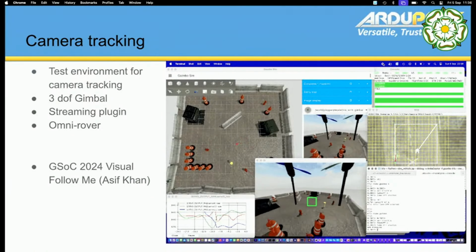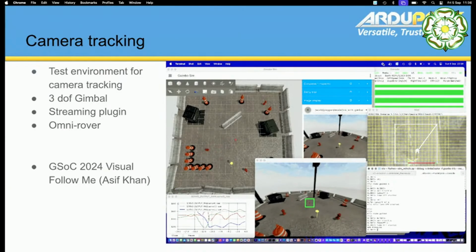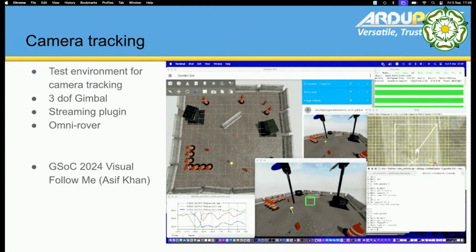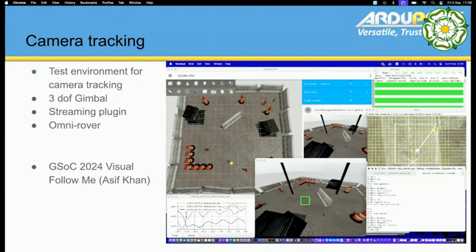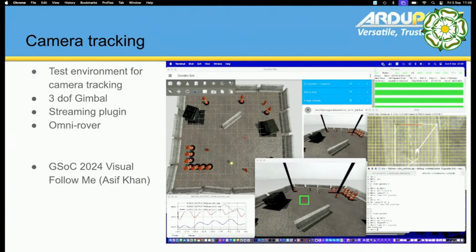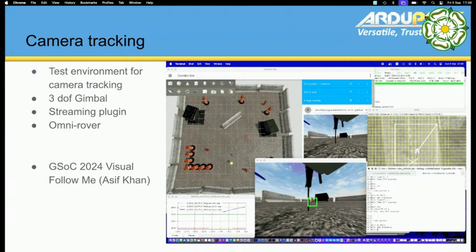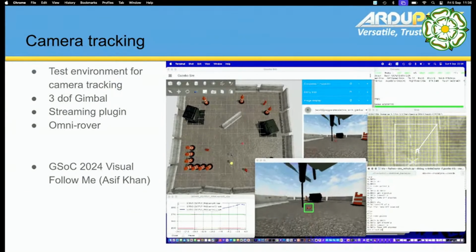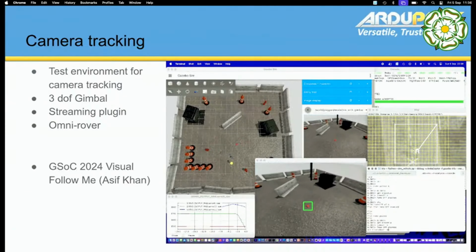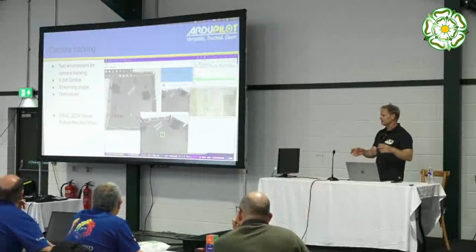There's an Iris quadcopter circling around the boundary. And in the middle, there's an Omni rover, which is zipping around doing different things. And the 3D camera is locked onto it, and it's doing object tracking. So the copter's moving, the rover's moving, the camera's tracking and locked on using the work done as part of that GSoC project. So it's quite a nice demonstration of how everything pulls together.